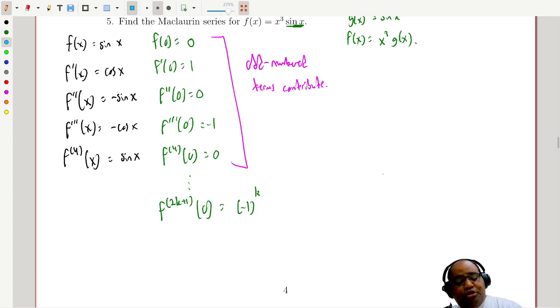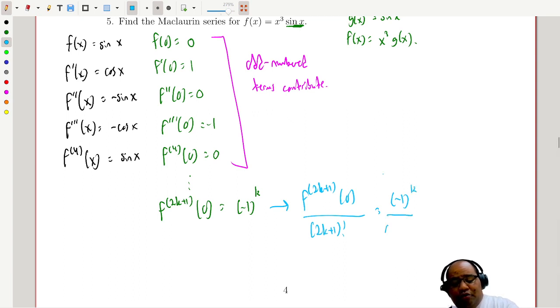And now when we push to the general term, the 2k plus first derivative at 0 divided by the corresponding factorial, 2k plus 1 factorial, we get minus 1 to the k over 2k plus 1 factorial. And so now how do we get our Maclaurin series? Well, remember here, and I just realized I should have written these as g's, not f's.